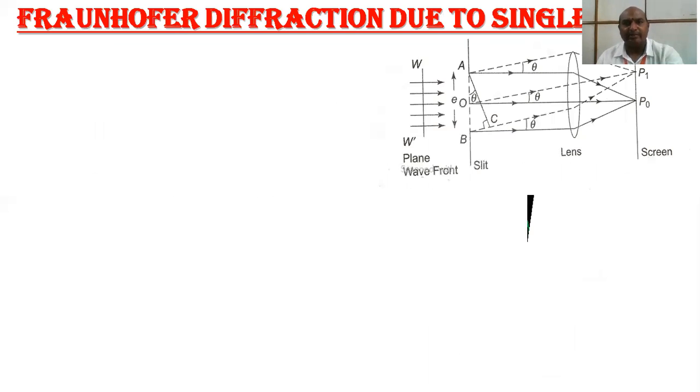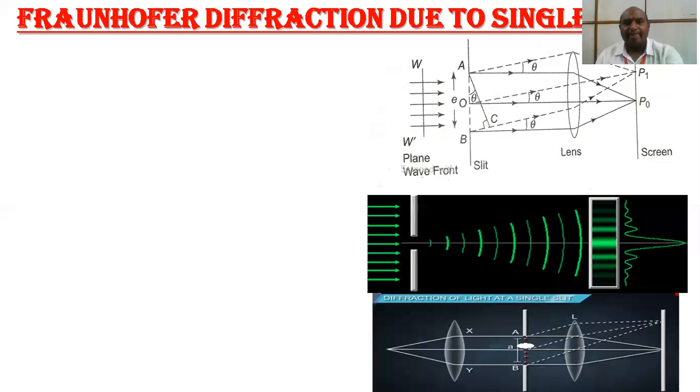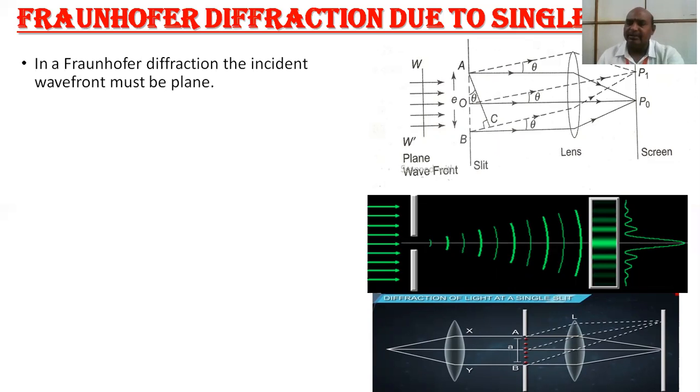For Fraunhofer diffraction due to a single slit experiment, we have to observe the maxima condition, minima condition, and secondary maxima. In this experiment, you have to calculate the resultant amplitude R equal to A sin alpha by alpha.